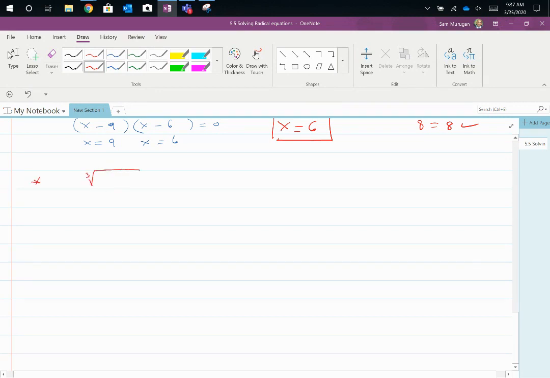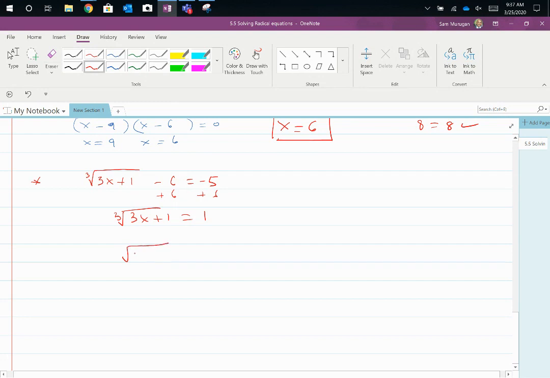Cube root of 3x plus 1 minus 6 is equal to negative 5. Add 6 to both sides, we get the cube root of 3x plus 1 is equal to 1.